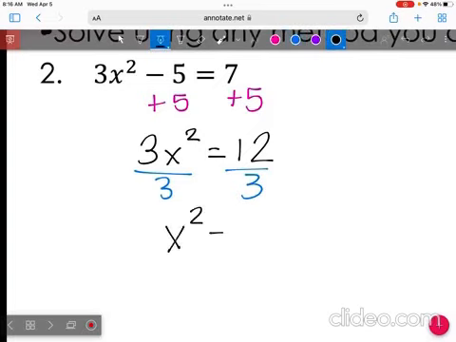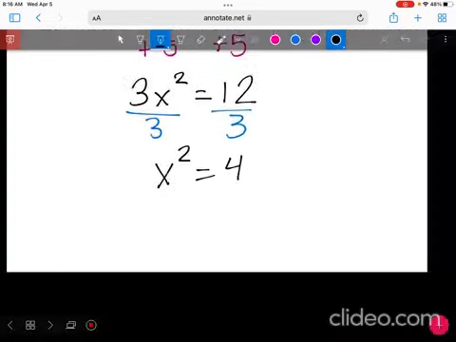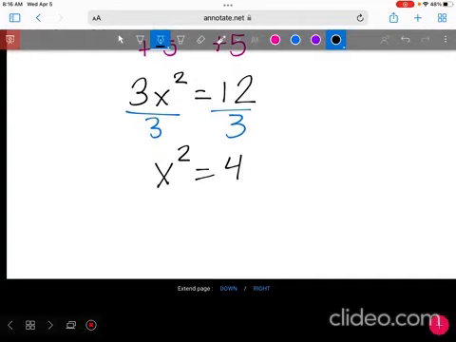X squared equals 4. Is x squared the same thing as x? Nope. So we got to get down to what x is. I want to know what x equals. We square root. Absolutely valid. You can square root both sides, which means x is what? Good catch.